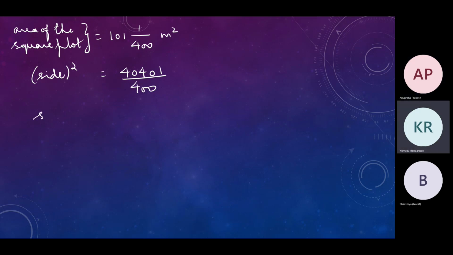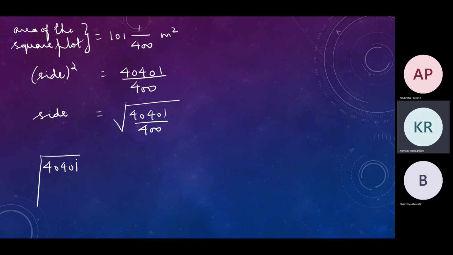Okay. So what will be the side then? The square root of 40401 by 400. Now we'll find the square root. You can do it as a part of the main work itself. Find the square root of 40401 by the long division method, not the prime factorization method, long division method.